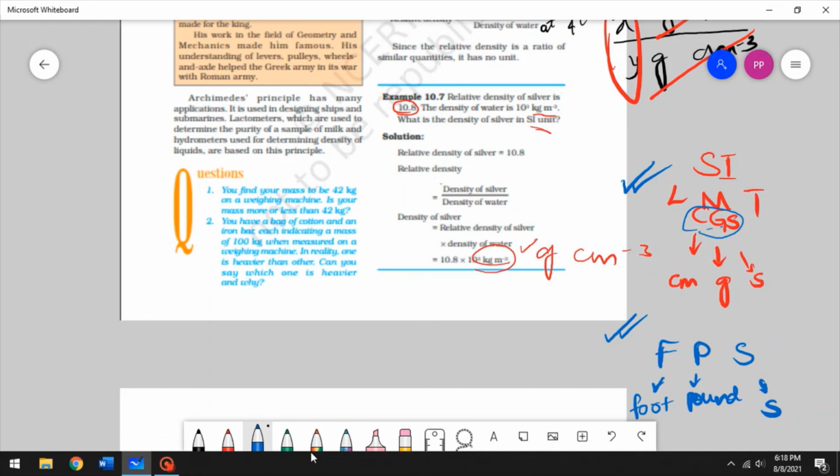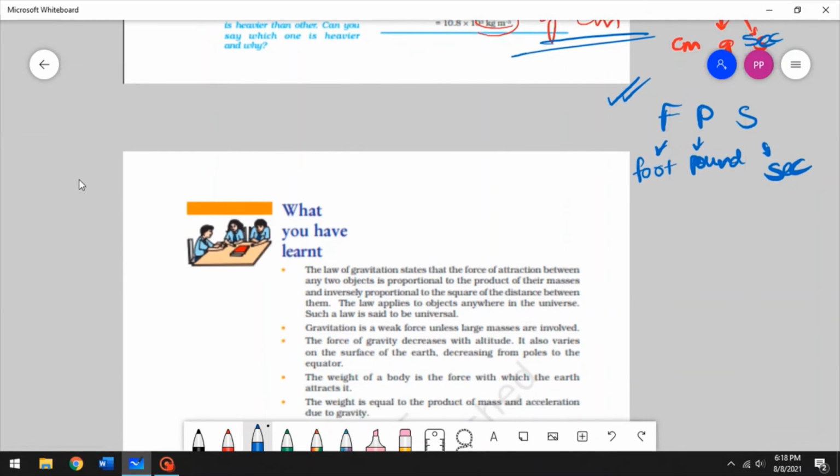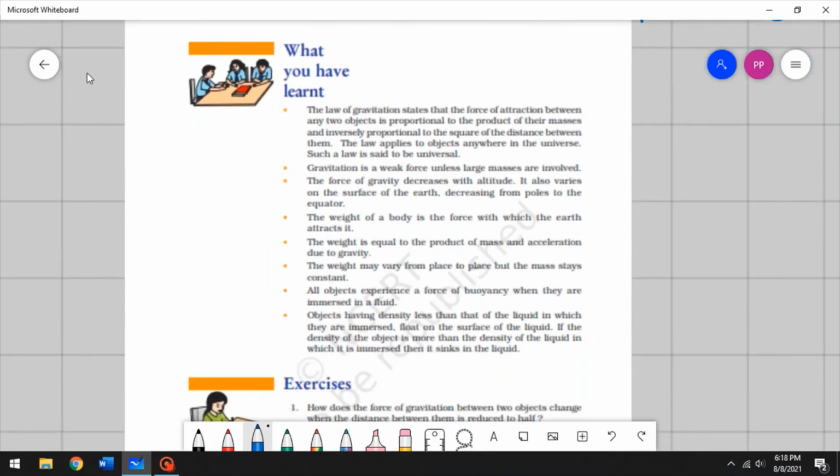Seconds measures time. So we use the CGS system. If they ask what is the density of silver in CGS units, you're supposed to express your answer in grams per centimeter cube. And with that, we finish the lesson.